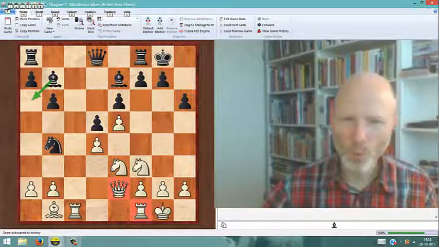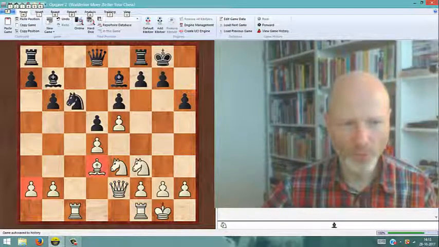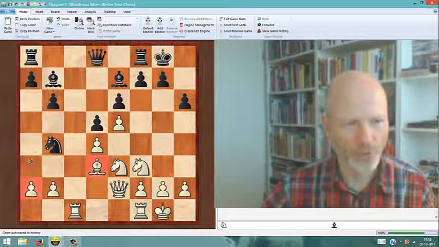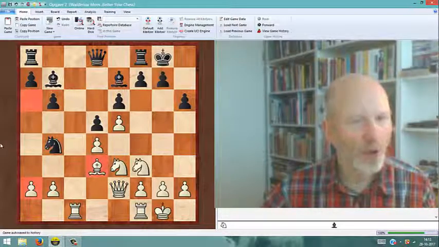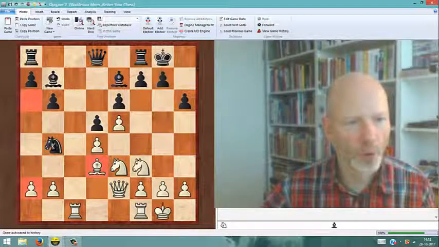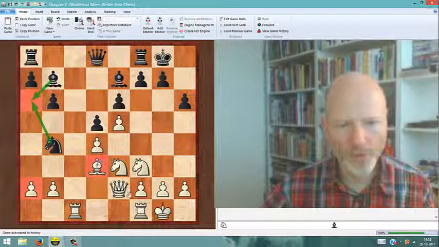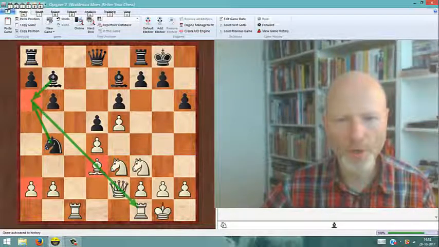So in a way, this knight b4 move did hit 2 targets, but it also sort of hit this target square, because from b4 the knight supports the bishop to come onto this very important diagonal.